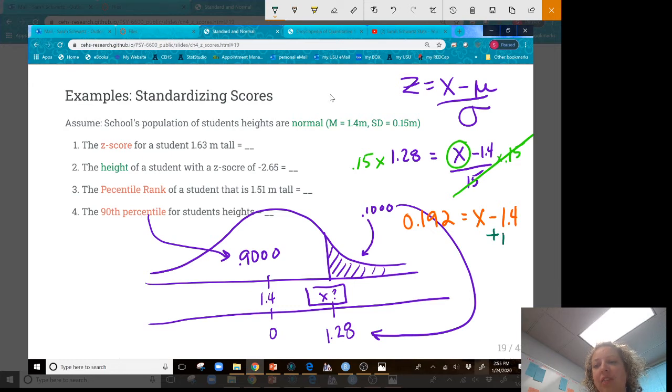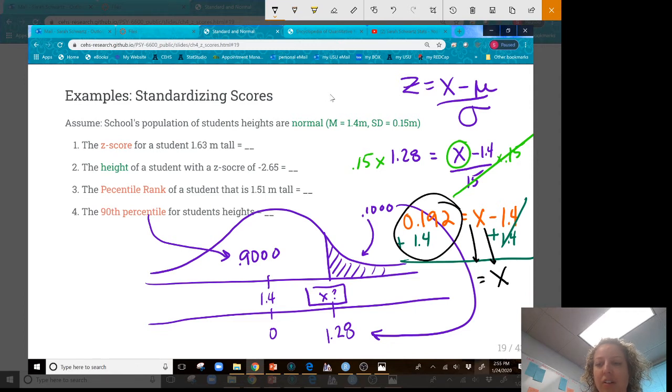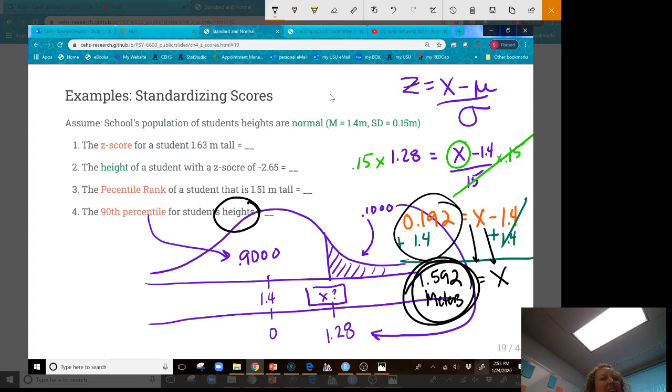It says minus, so we will add. And our answer comes out to be x equals 1.592. And our answer is a height, so it's about 1.59 meters. Okay. Feel much better about the time spent on that problem now.